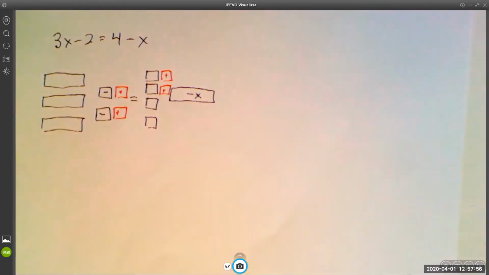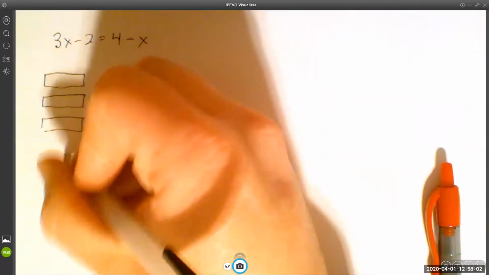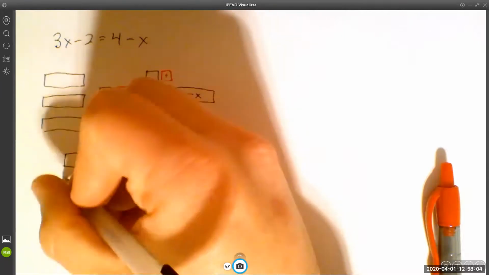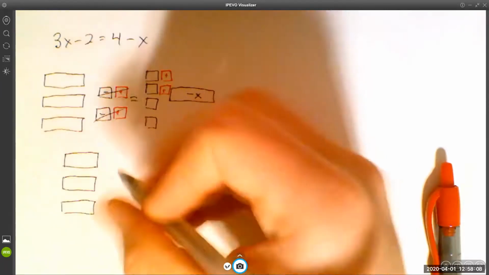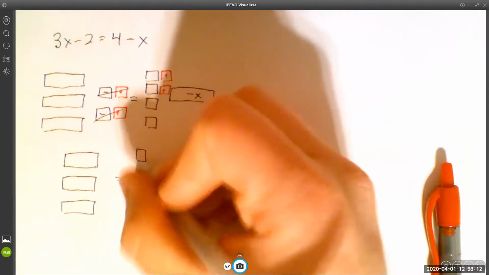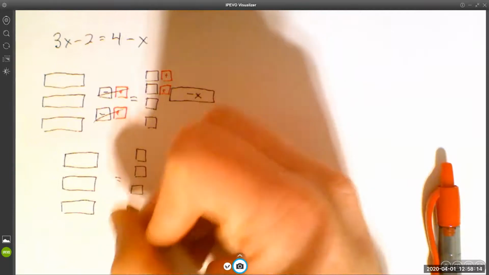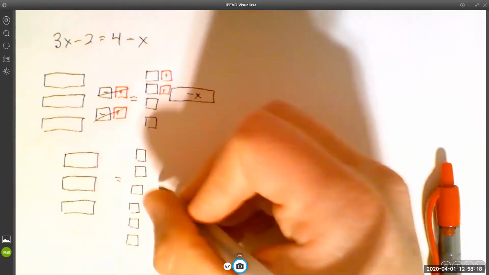So what do we have at this point? Well, these 0 pairs are going to cancel. And so now I've got 3x equals 6 minus x.